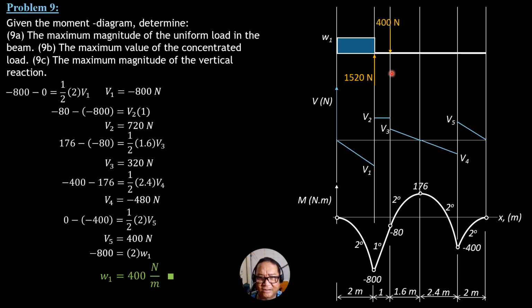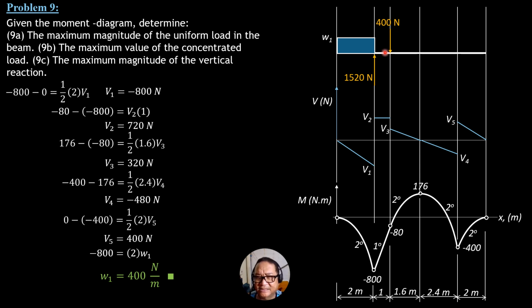By the way, we have 400 newtons here because there is an abrupt change in shear from V2 to V3. So that load there is V3 minus V2. V3 is 320 minus V2, 720. So that's negative 400, or 400 newtons downward.